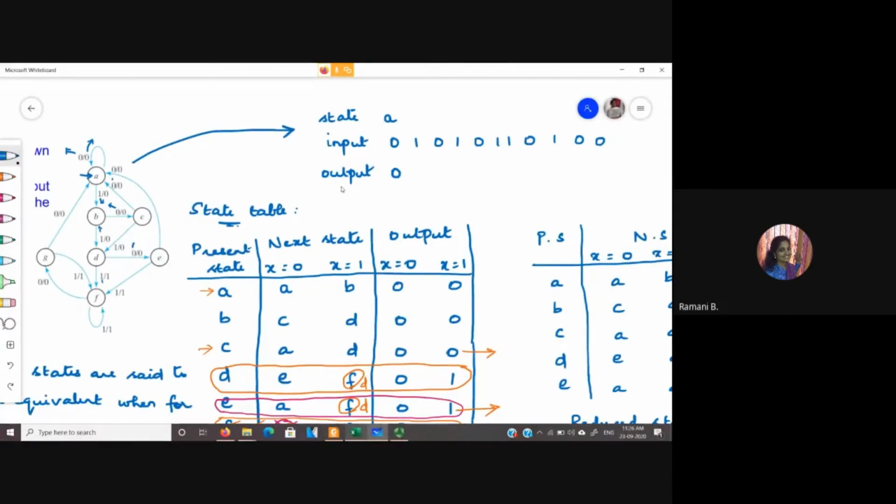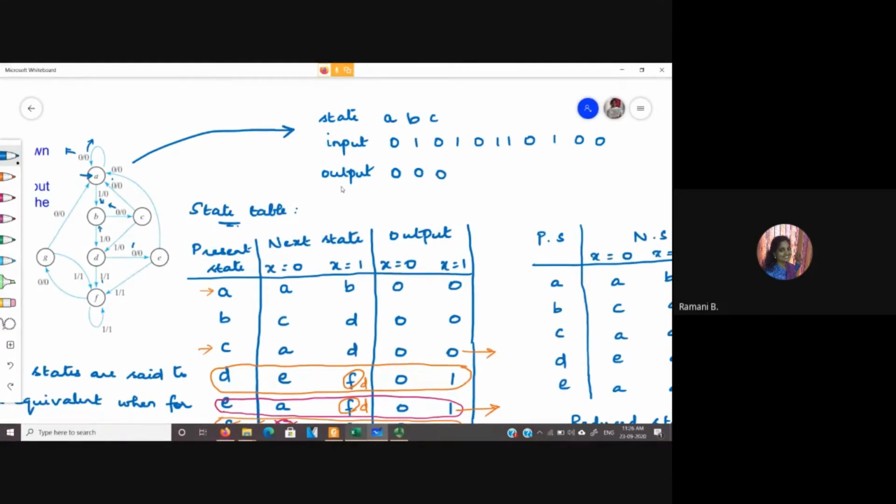Next, I come across the input 1, so I go to state B and the output is 0. Then I get input 0, so I move to state C and the output is 0.